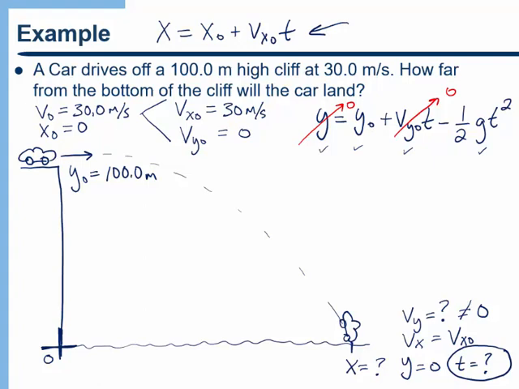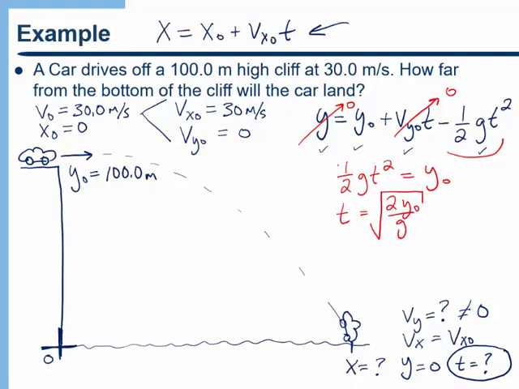Therefore, I get, or I'm going to actually bring this term to the other side, so I get 1/2 gt squared is equal to y naught. Now solving algebraically, again, remember we always want to solve algebraically first. We get t is equal to the square root of 2y naught divided by g.